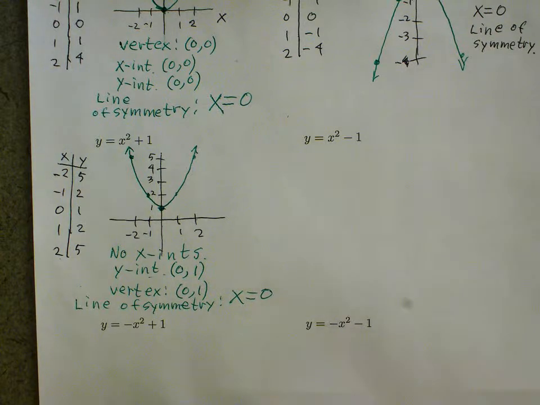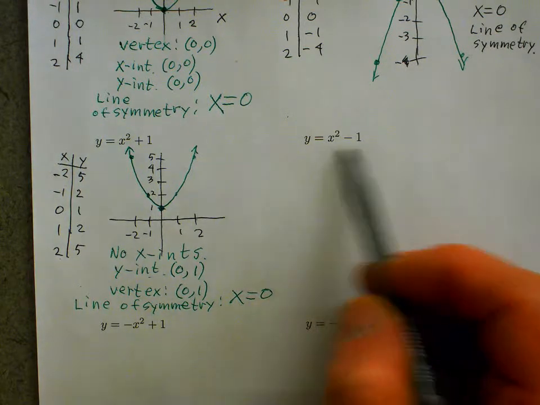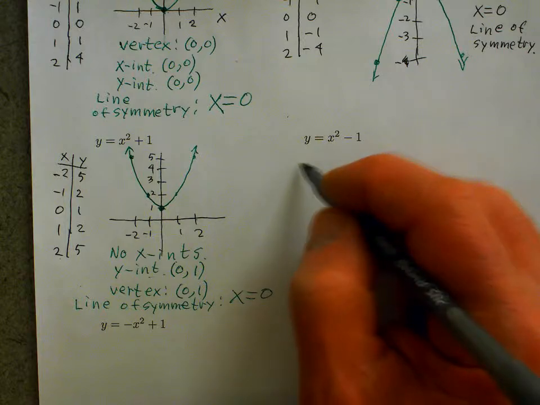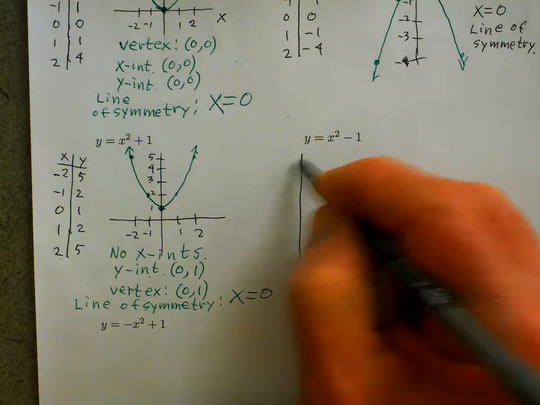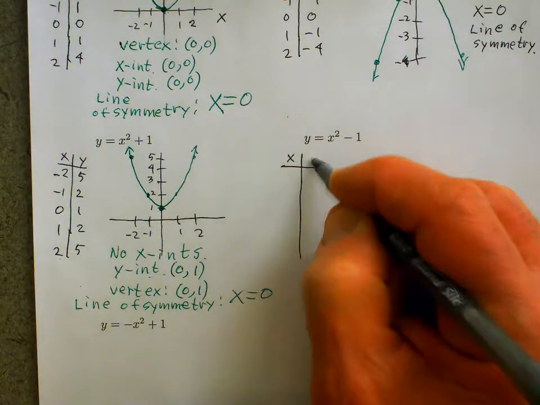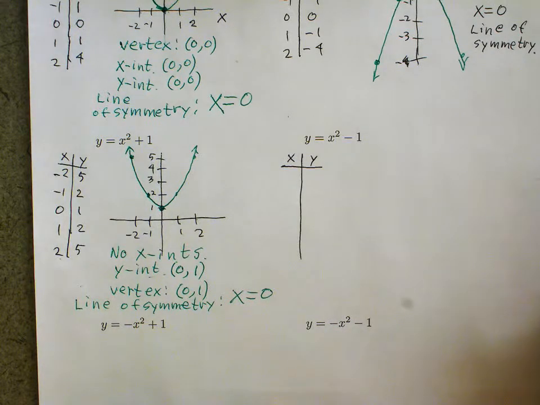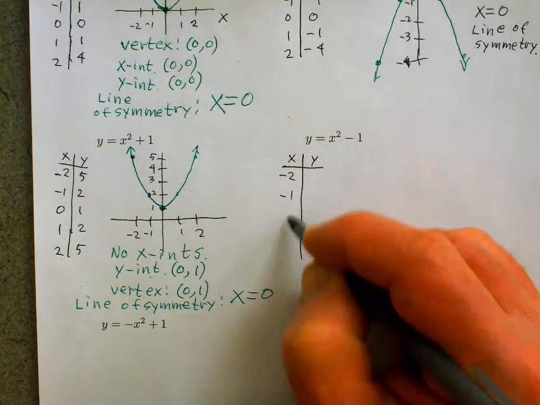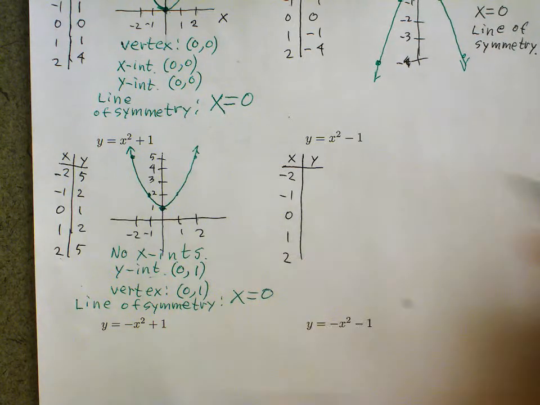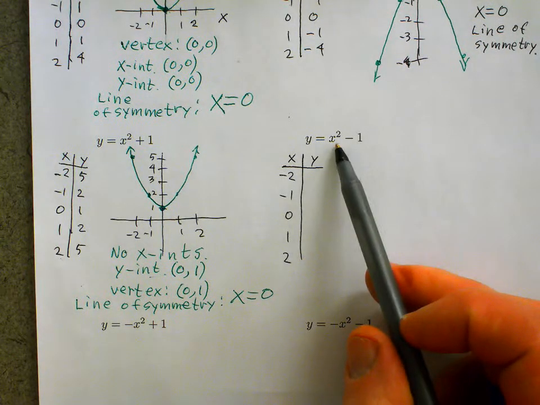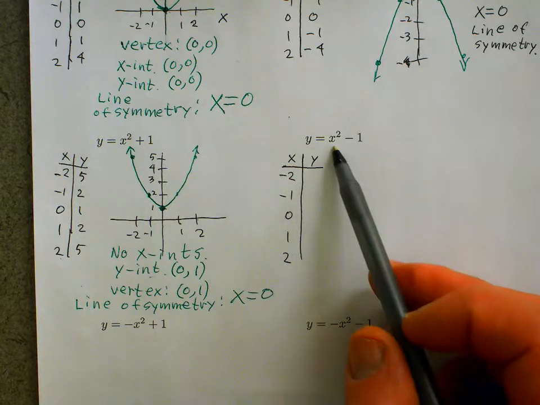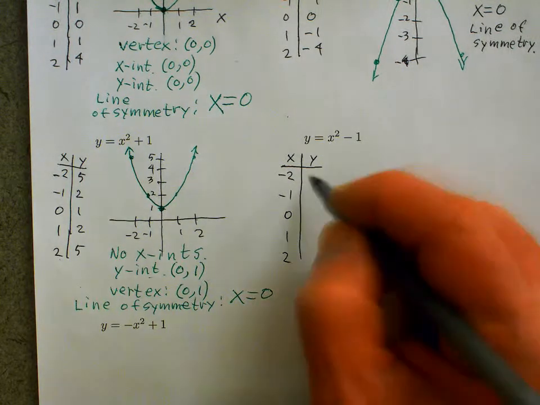Okay, the next one, y equals x squared minus 1. I'll pick the same x coordinates, -2, -1, 0, 1, and 2. And then we'll find the y coordinates. When x is -2, the y coordinate is -2 squared minus 1, which is positive 3.